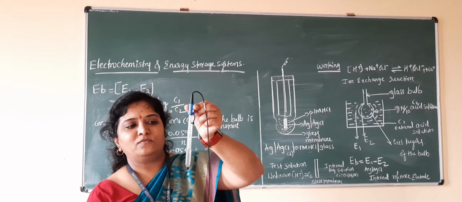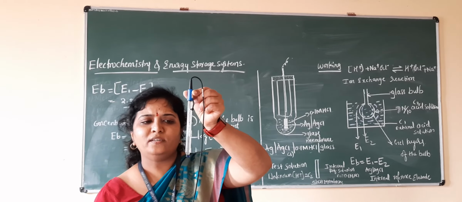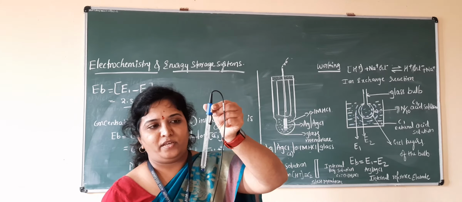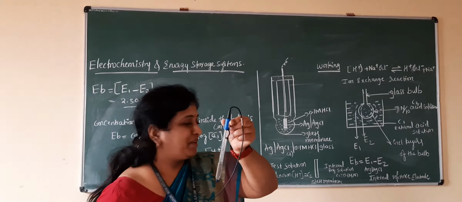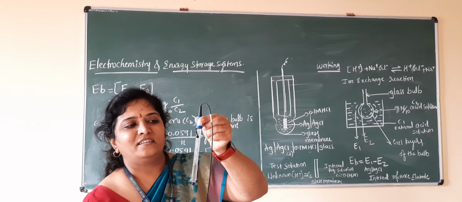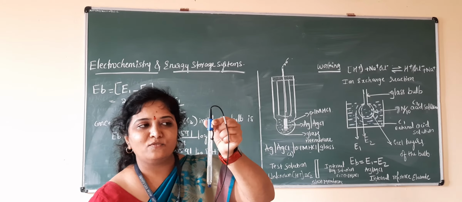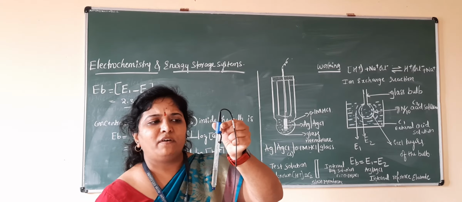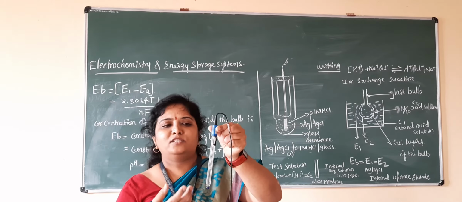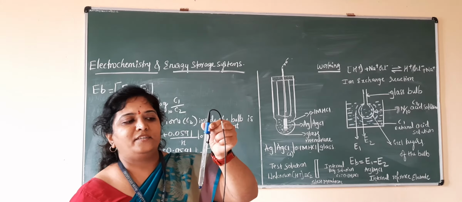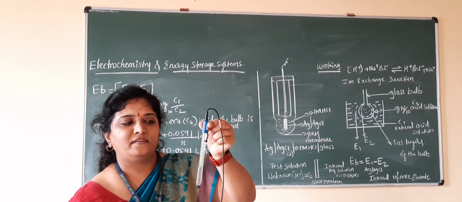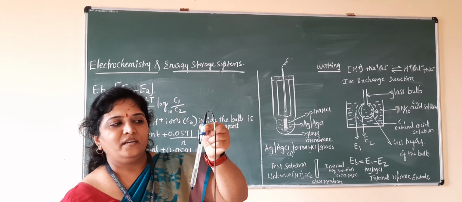This is the glass electrode which we are going to use in the laboratory for pH determination. We will come across the application; mainly it is used in pH determination. As for advantages, it is portable, easy to handle, and it works in oxidizing and reducing environments.